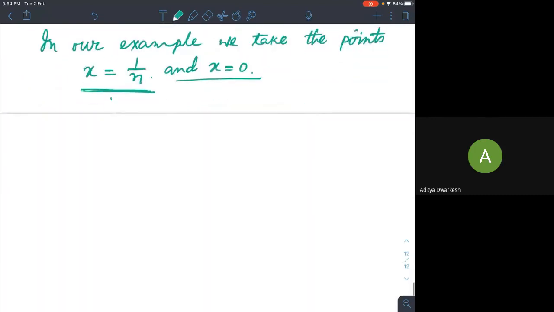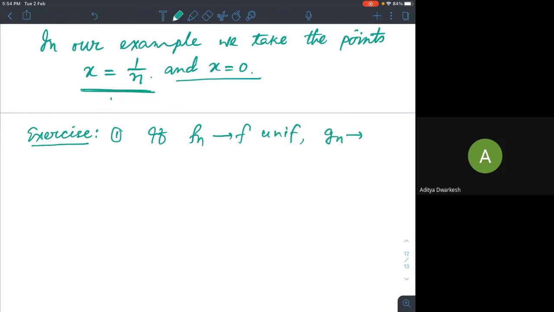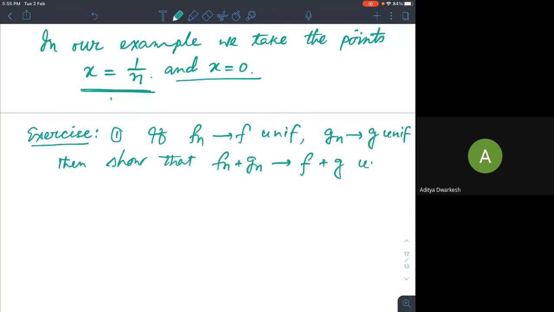So maybe let me give you an exercise. This will be part of the next assignment. If Fn converges to F uniformly, and Gn converges to G uniformly, then show that Fn plus Gn converges to F plus G uniformly.